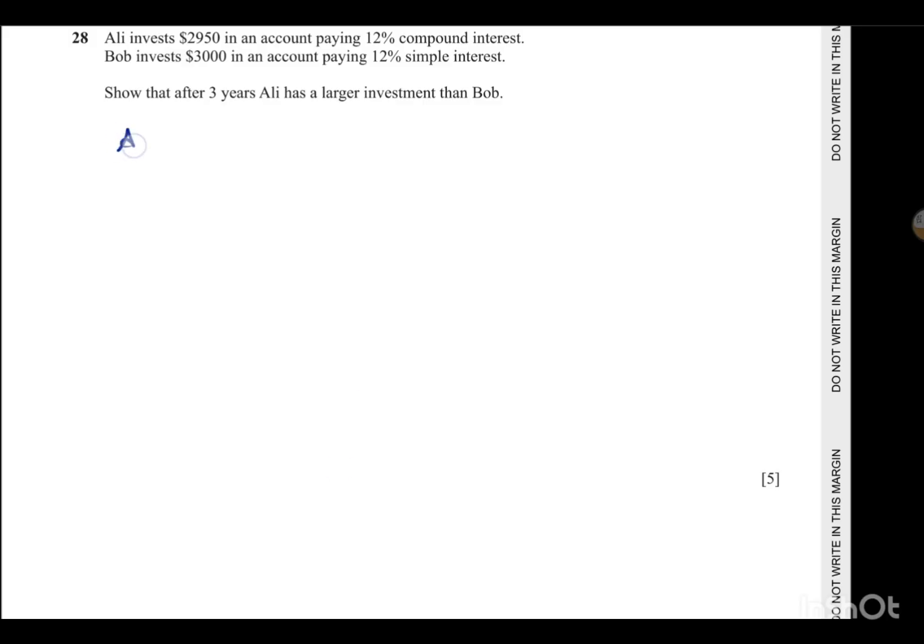So you can write both the investments separately. Ali's investment and Bob's investment. Ali's investment according to compound interest.